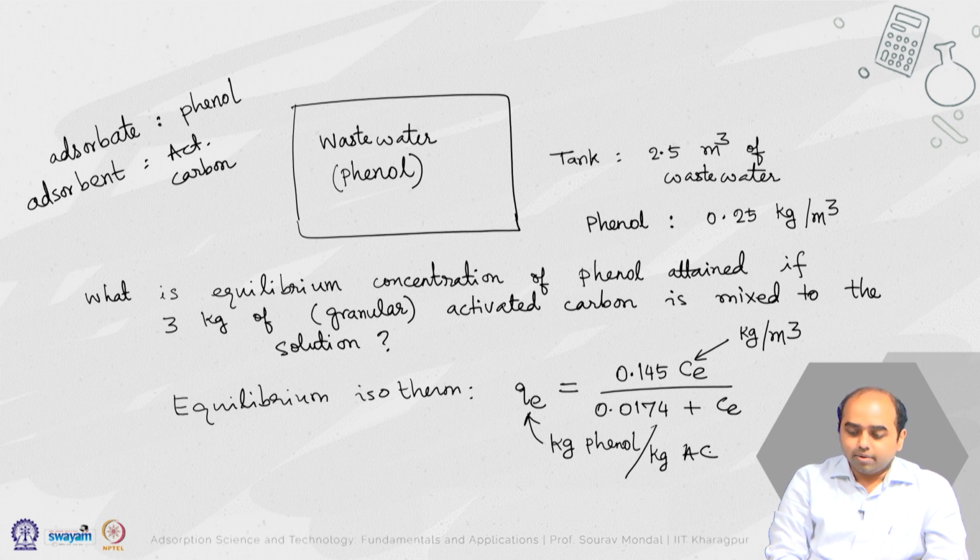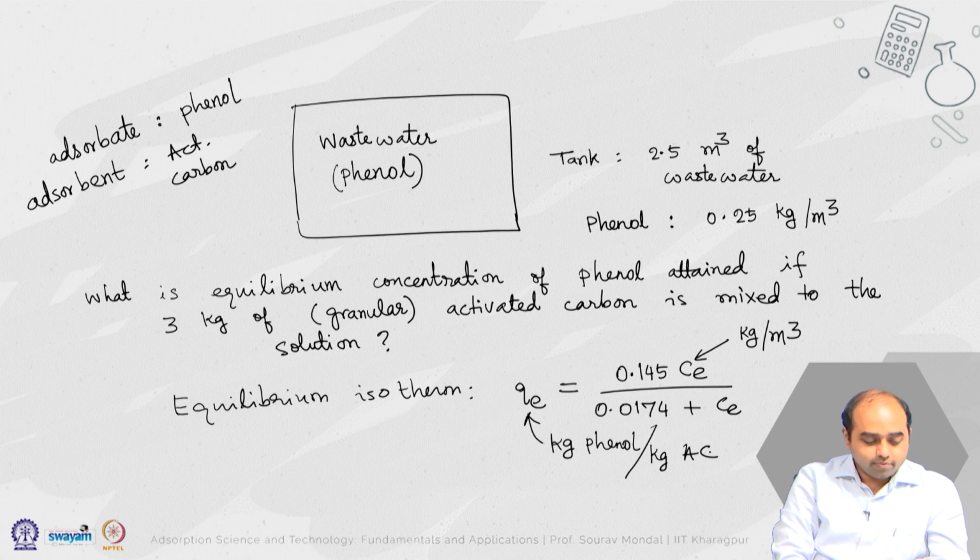Now, the equilibrium isotherm is a relation between the equilibrium concentration in the solution phase and the equilibrium concentration in the adsorbent phase. Both of these are unknown in this problem, because we know neither the equilibrium concentration in the solution phase nor in the adsorbent phase. We only know the initial conditions and the total mass of the adsorbent.